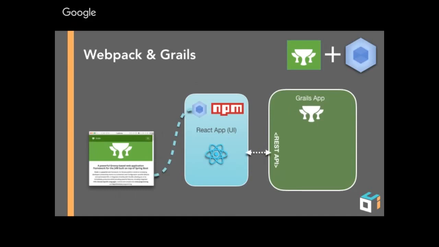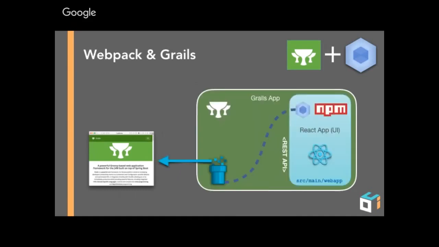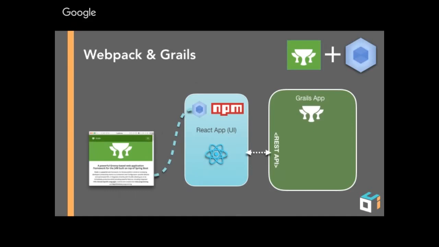The nice thing about this approach is that because the React app is self-contained, there's a fairly minimal amount of change needed to move the React app out of the Grails application down the road. So if you're starting out with, say, a monolithic application and you want a React UI, but you're not ready to split it out just yet, it really just comes down to changing your Webpack config and moving the files into their own repository, for instance.